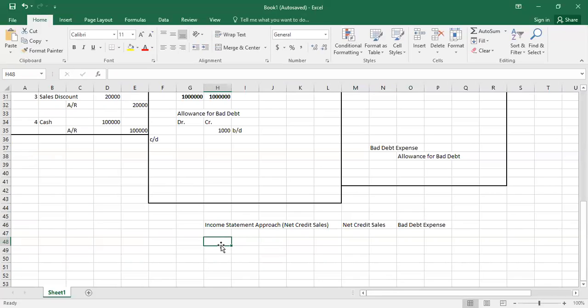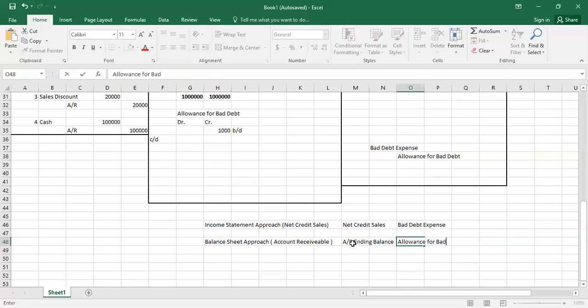Now, in the other method, under the balance sheet approach, the account receivable method, we actually put the rate on the account receivable ending balance, and we will get the allowance for bad debt.